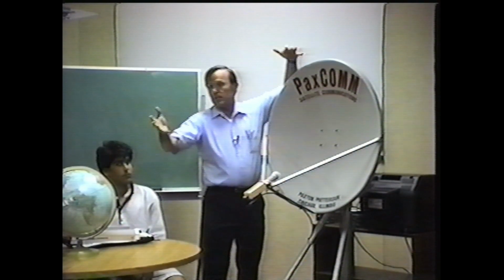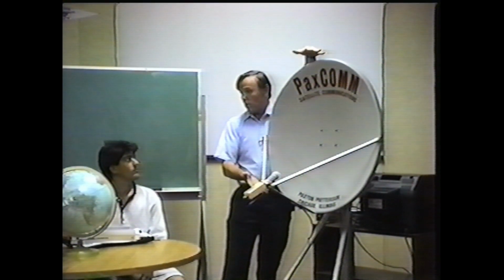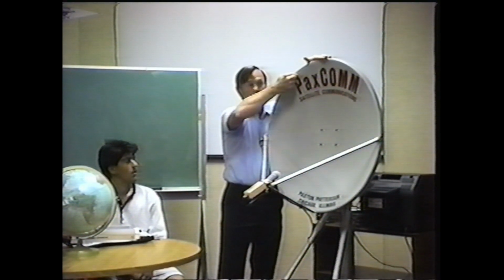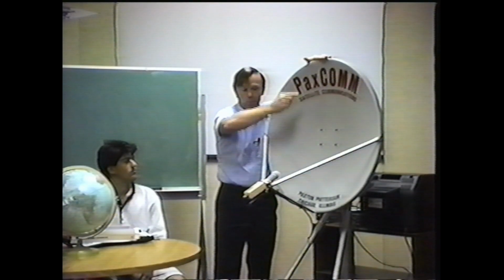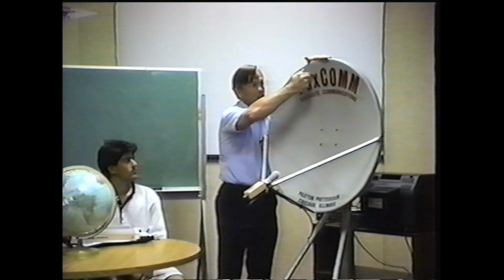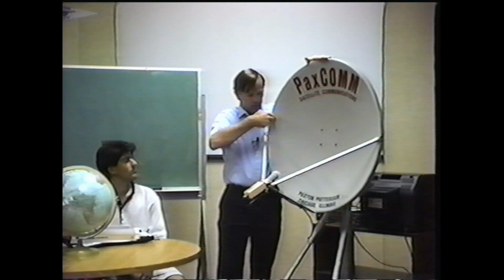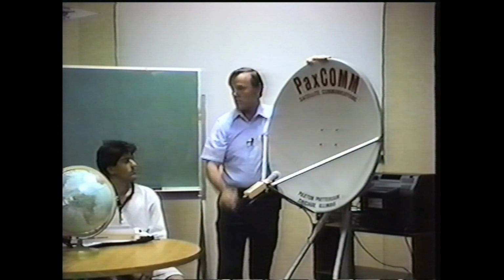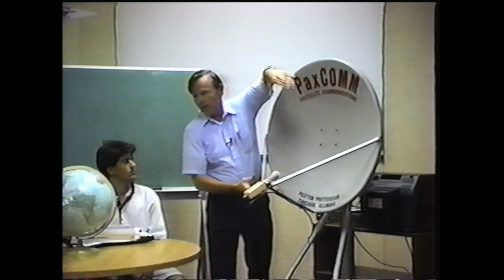What happens is that you've got signals over a large area that are picked up, and they hit this way, and because of the curve of the dish, they bounce. Any signal that hits right here will bounce right to here. If it hits here, it will bounce right into here. And it focuses it and magnifies it.